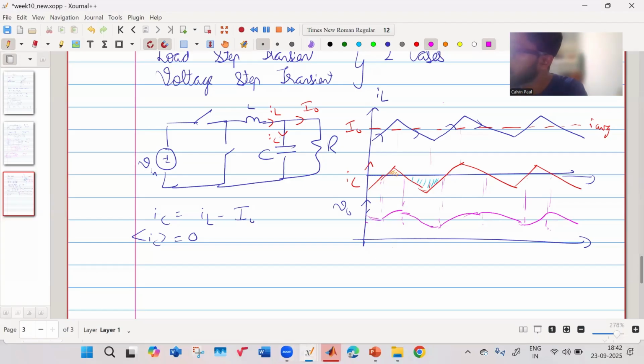What is important for you to understand is when your IC of T is positive, that time your output voltage will increase. Why? Because charge is flowing into your capacitor.